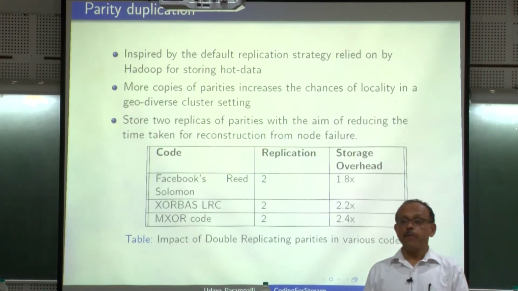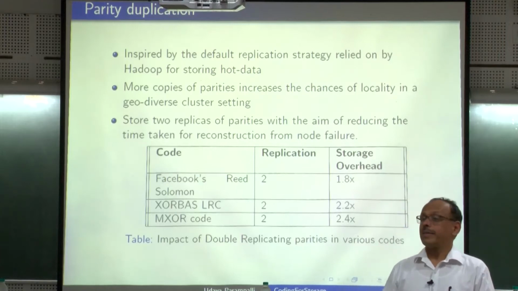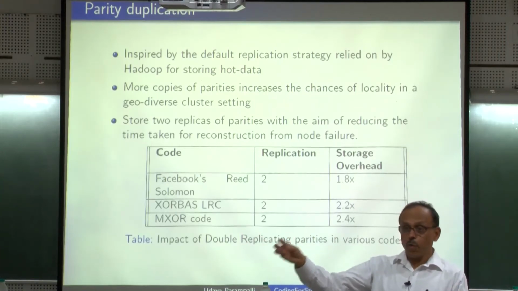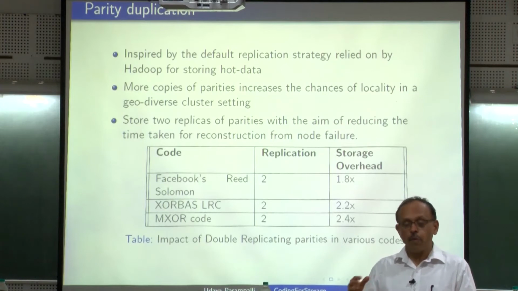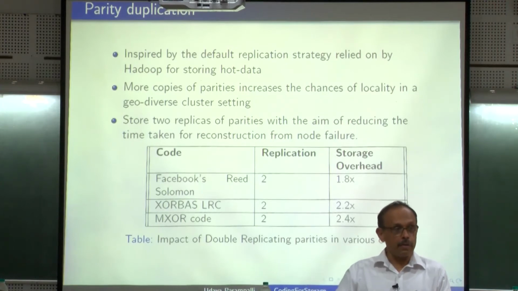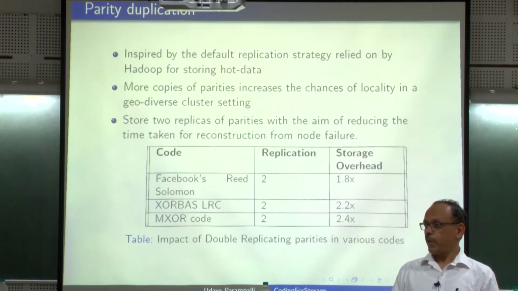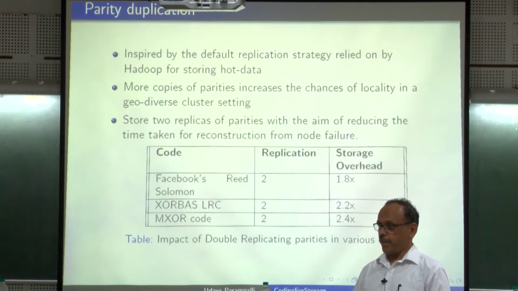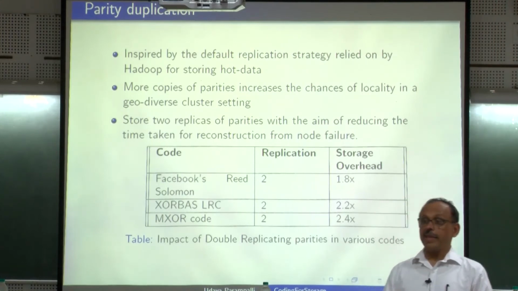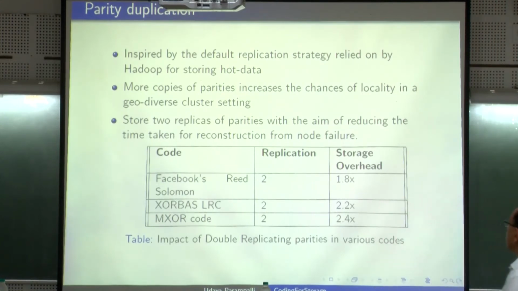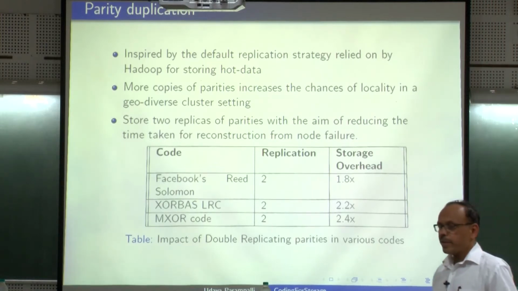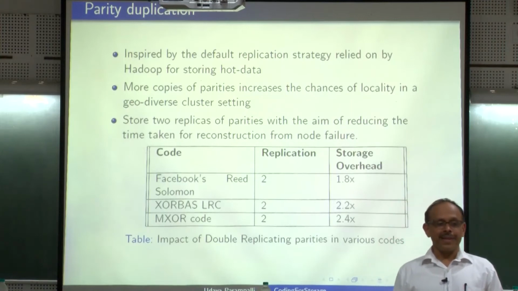If the parity for this block is in another rack, I just make a copy of it and make it available locally. This means that whenever some node fails, it will only contact the parity node in the local group, and hence it can recover much more quickly. This is the kind of thing we do. In Hadoop, the basic idea is that when people design a big distributed system, they want the underlying memory technology to be simple.